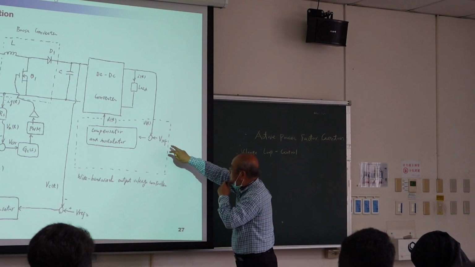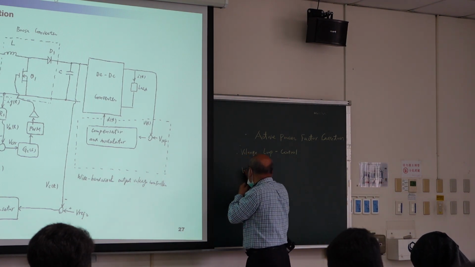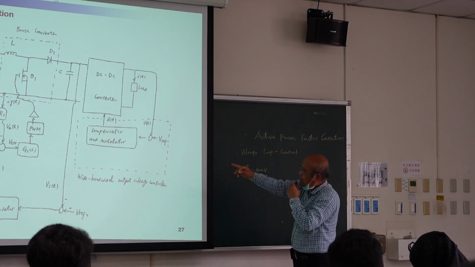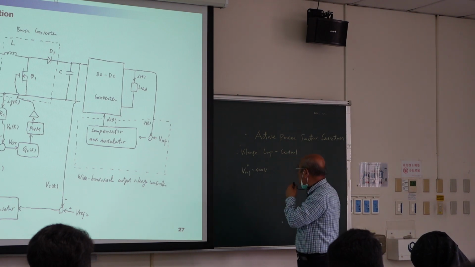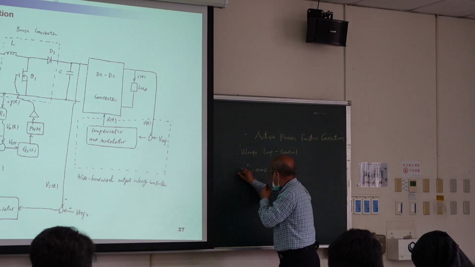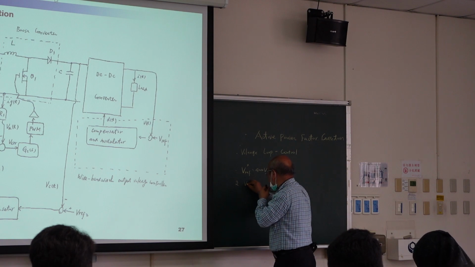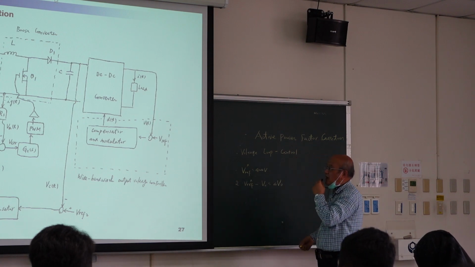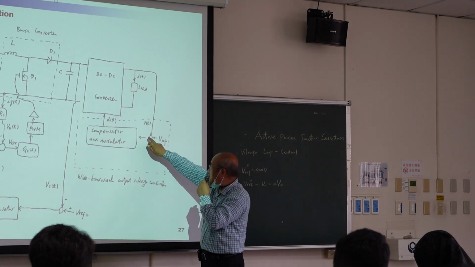First, we need to know the reference. So this could be 400 volt. And we compare the output and the reference. So we use reference voltage minus output voltage. So this is error.